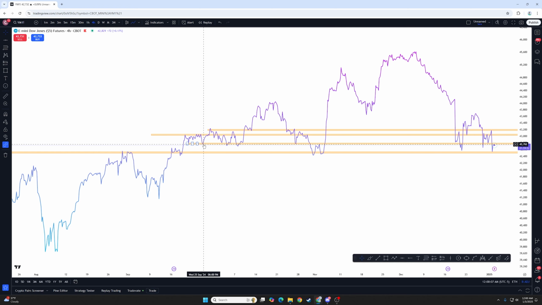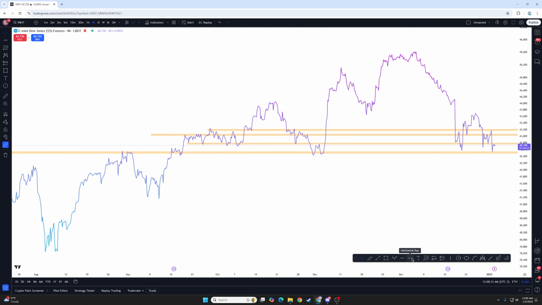Some support around here, we used it here again as support. Here was a little bit of resistance, and then we blew past it. Then some support around here, and yeah, we broke past it. So that's an important level.